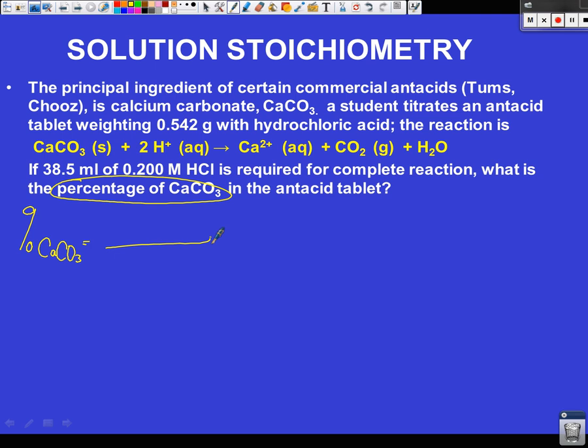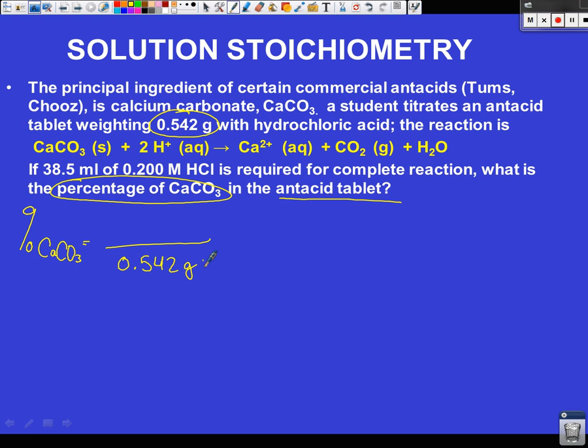Part over whole. What is the whole thing? Because what am I looking for the percent of calcium carbonate in? In the tablet. Would you agree with that? So I'm looking for the tablet. So what was the whole tablet? 0.542 grams. Does that make sense?